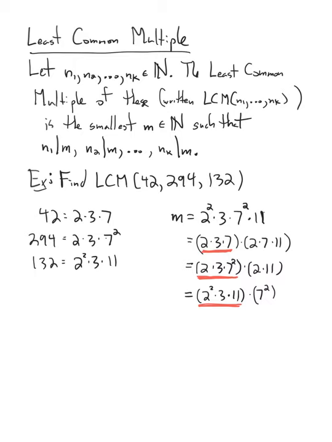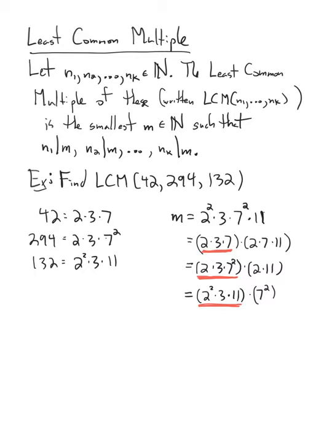So if we look here, we have 2 to the power 1, 2 to the power 1, 2 to the power 2. So we need two 2's in our least common multiple, in our LCM. So I take the maximum exponent of the 2's, which is 2. For the 3's, I have exponent 1, exponent 1, exponent 1. So I'm going to take the maximum of that. Well, that's just 1, so 3 to the power of 1.